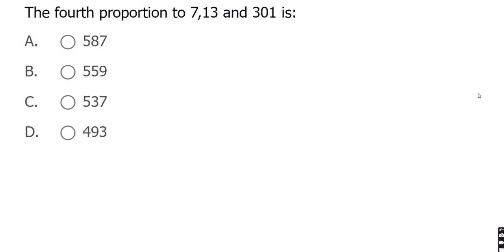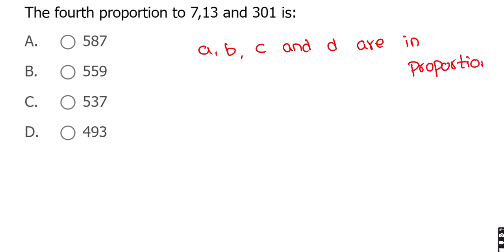Fourth proportion of 7, 13 and 301 is what? If A, B, C and D are in proportion, then we can say A divided by B is equal to C divided by D, where D is called the fourth proportion.